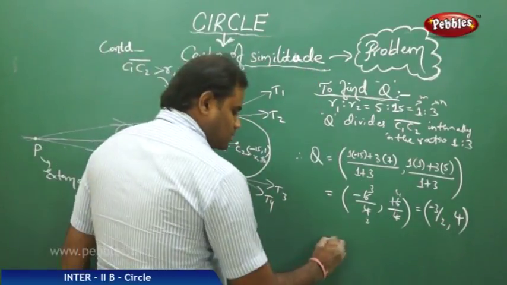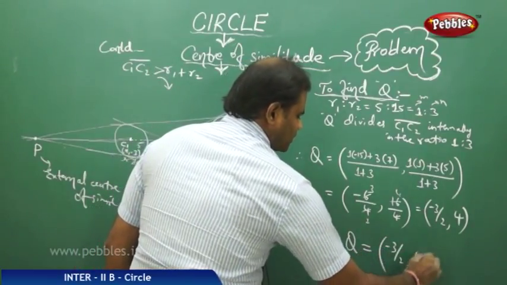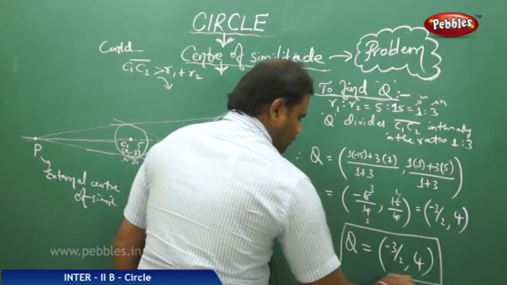Therefore, the internal center of similitude Q is given by (minus 3 by 2, 4).